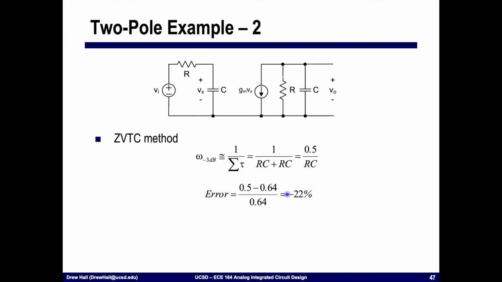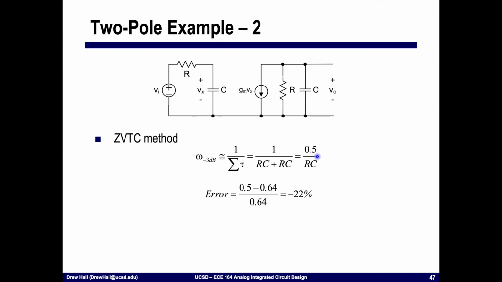Importantly, it is negative, and so that means that it's conservative. Okay, so again, this is typically where ZVTCs is a good technique, is that it underestimates the actual bandwidth. The actual bandwidth of the circuit is 0.64 divided by RC. Using ZVTCs, even in the absolute worst case, when there's two poles right on top of each other, we estimate 0.5 divided by RC, which is a 22% error.